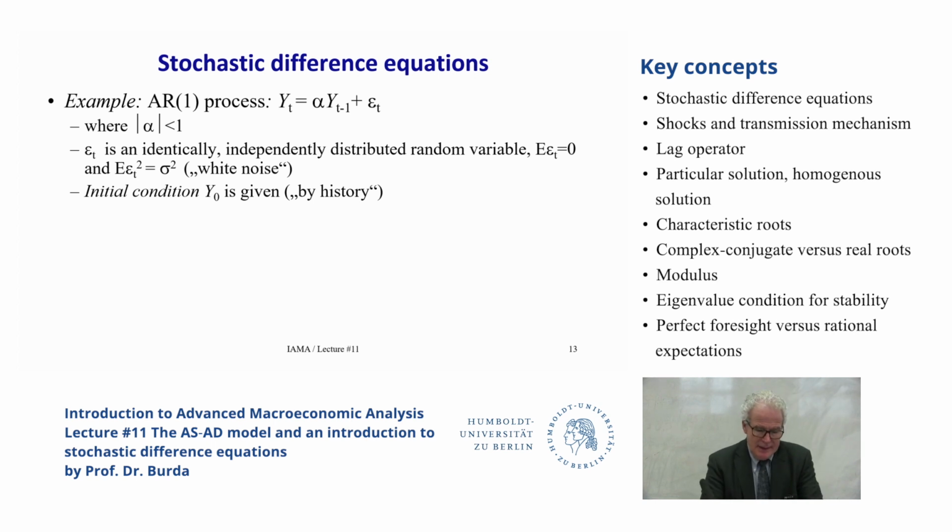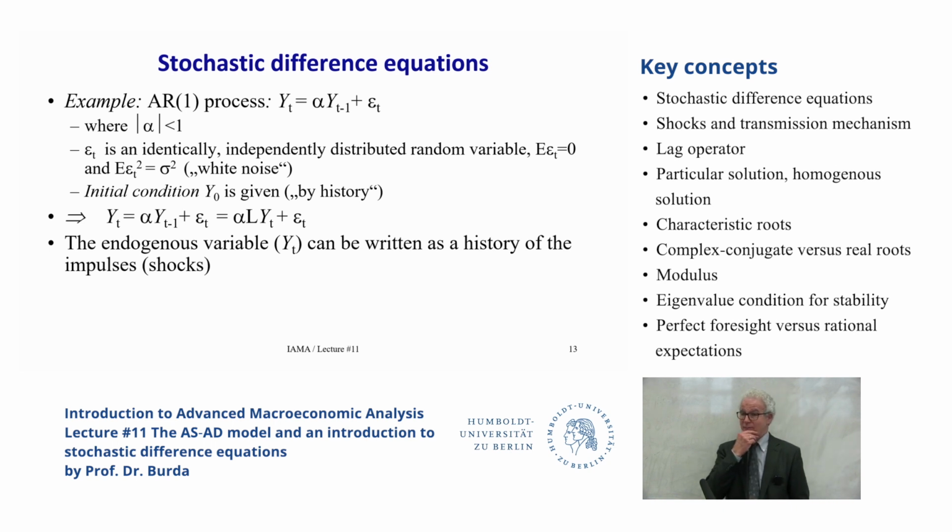And I'm going to shock it with epsilon. Epsilon is an independently, identically distributed random variable. So it's like Slutsky. Okay? And you start with y0. So that was the condition before the building was built here. I can use the lag operator to write this expression like that. Right? So I've got yt on the left-hand side, I've got yt on the right-hand side.